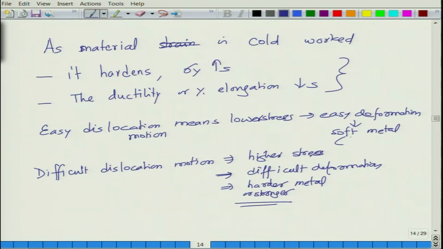So, here large ductility, or you can say larger ductility, here it is smaller ductility.